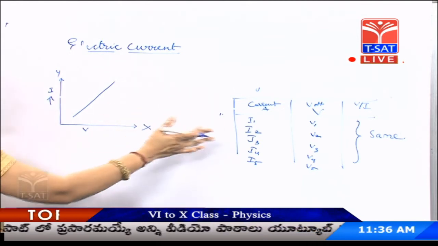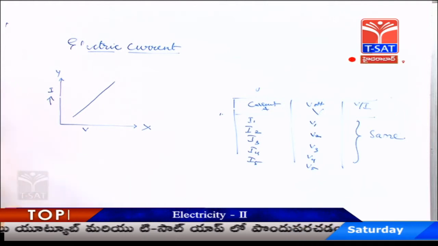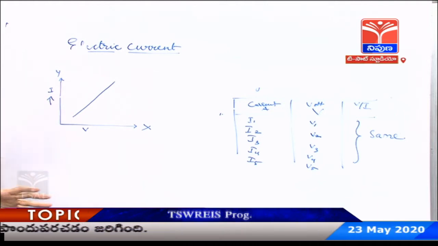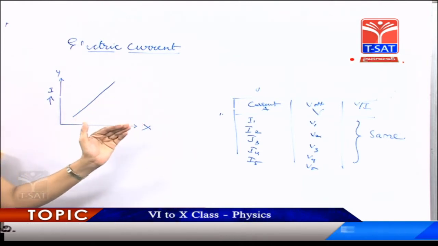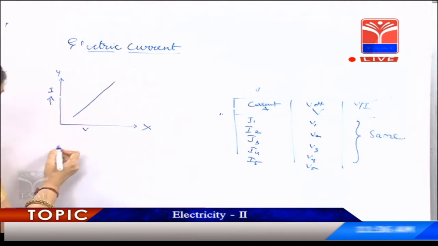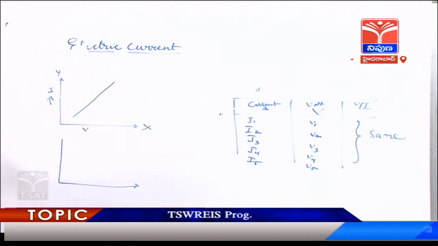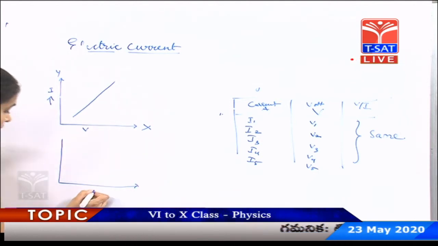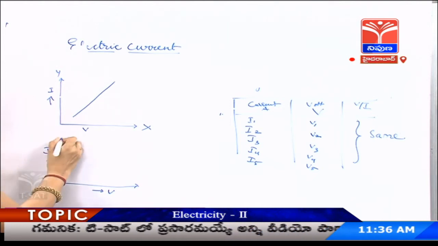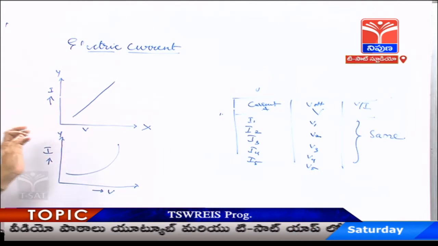Now children, repeat this experiment using an LED instead of the iron spoke. Note the readings for each case and draw the graph taking those values, V on the x axis and current I on the y axis. We will get a curved graph.